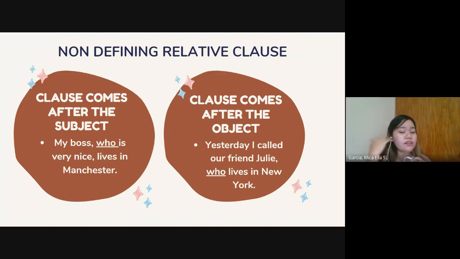Going back to the definition of non-defining relative clause, it adds additional information, which is not that important in a sentence. When we remove who is very nice, the sentence is still understandable. Is that right? Yes po. When we omit the non-defining relative clause, will you please identify first which is the non-defining relative clause in the sentence?